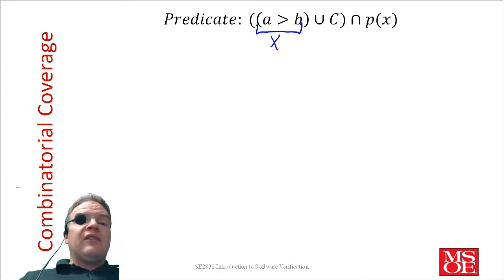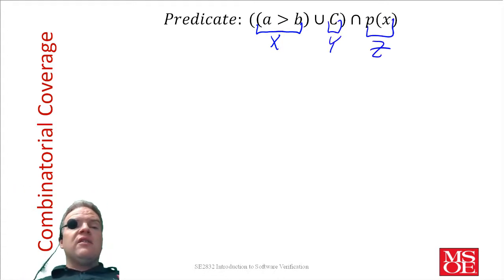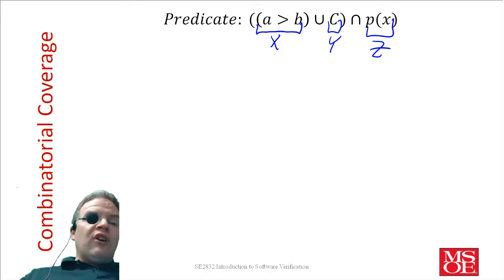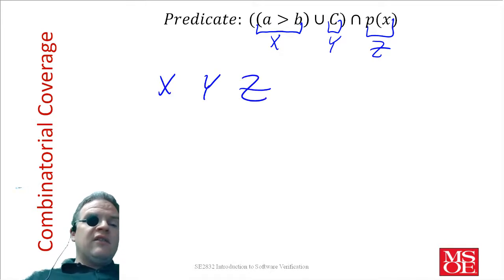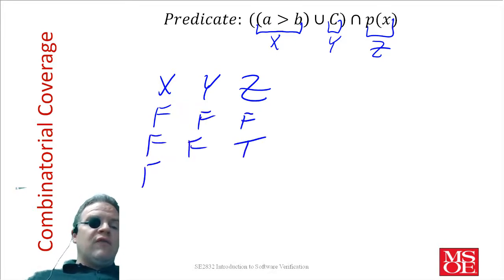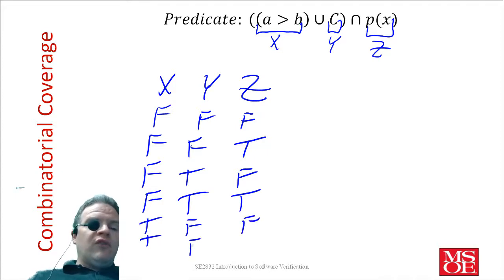I'm going to call them X, Y, and Z. If I take a look at this, we can then draw a truth table for X, Y, Z. I'm going to have false, false, false, false, false, true, false, true, false, false, true, true, true, false, false, true, false, true, true.